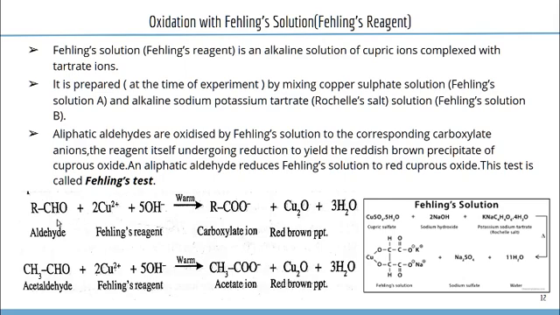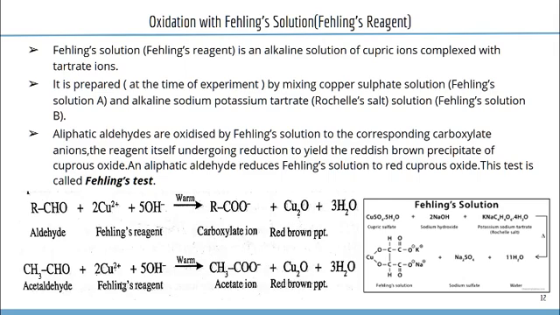So here we have the aldehyde RCHO, which on treating with Fehling solution, containing an alkaline solution of cupric ions and also tartrate ions, we will get the corresponding carboxylate ion and a reddish brown precipitate of cuprous oxide, Cu2O.